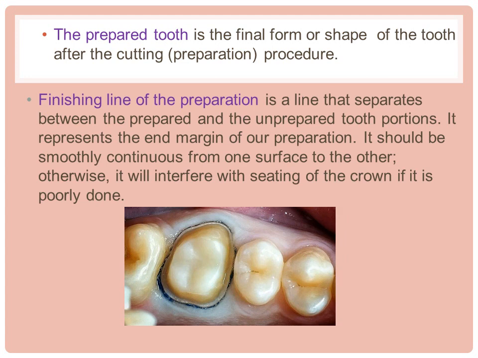The finishing line of the preparation is the line that separates between the prepared and unprepared tooth portion. It is the boundary between the part I prepared and the unprepared part of the tooth, and it represents the end margin of our preparation.